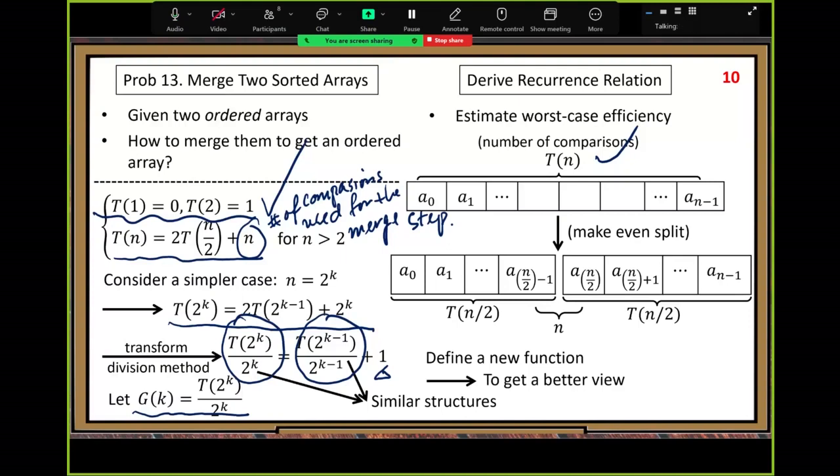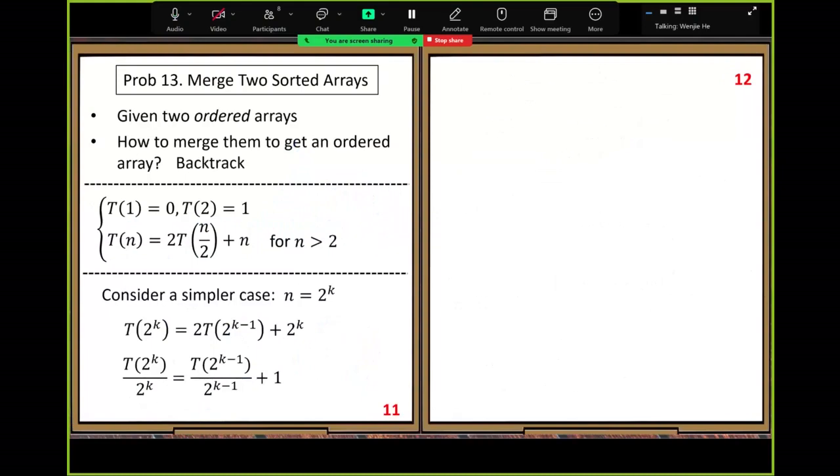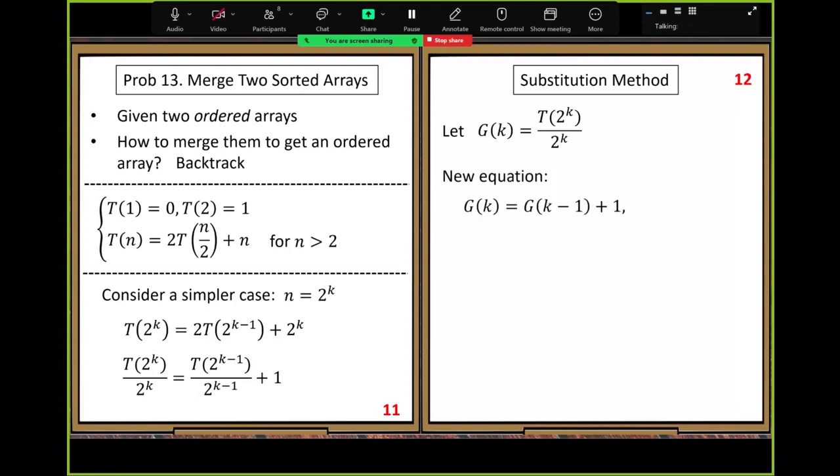Because after the substitution, our equation becomes much simpler. G of k equals g of k minus 1 plus 1. It's much simpler, right? You greatly simplify the original recurrence relation.